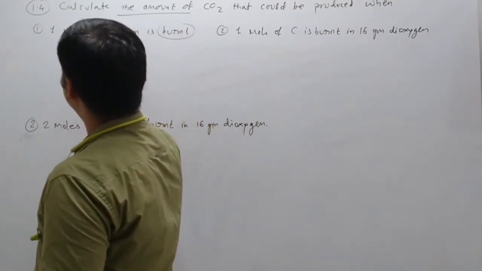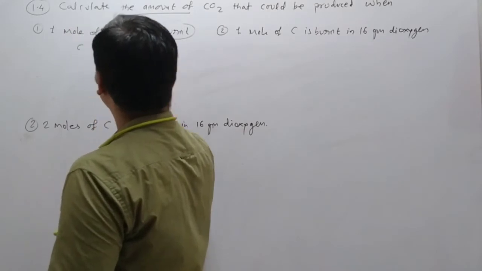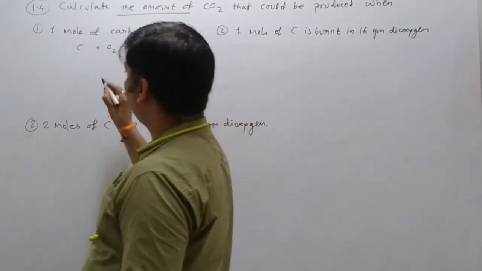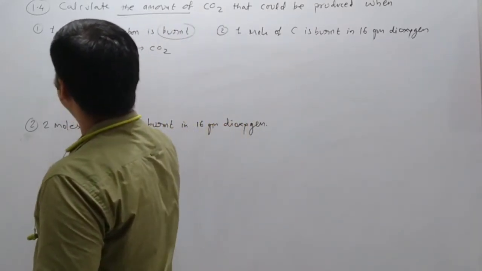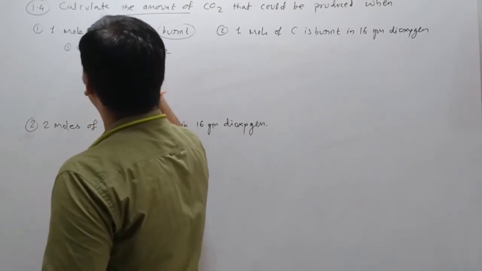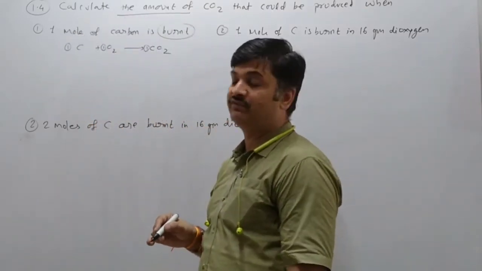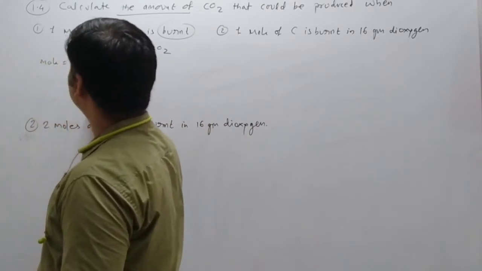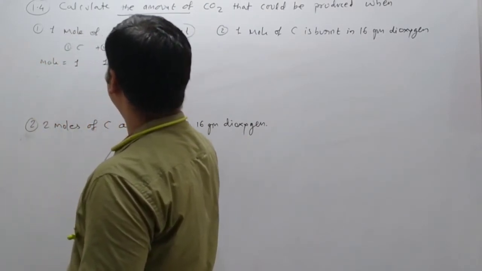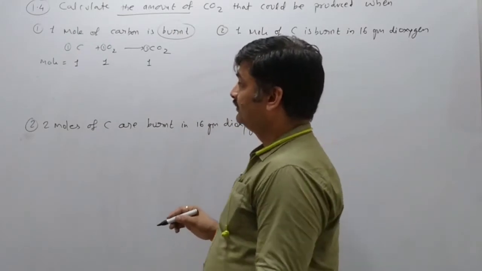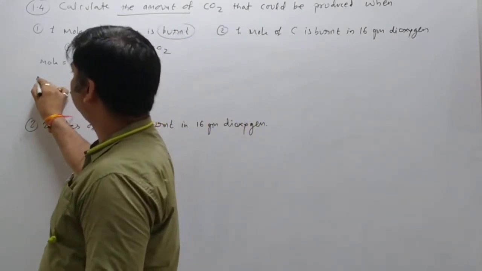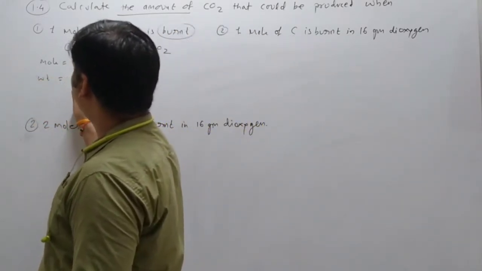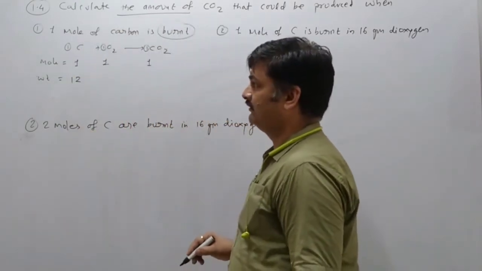Here C plus O2 gives CO2. The reaction is balanced, so 1, 1, 1 are the stoichiometric coefficients. Now 1 mole of carbon is equal to 12.